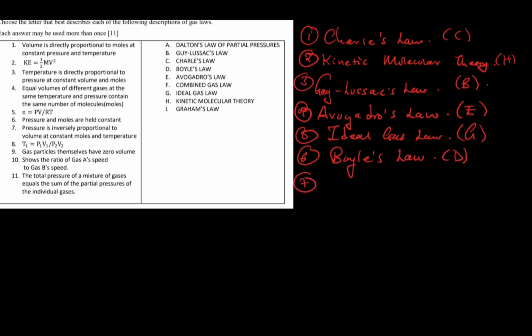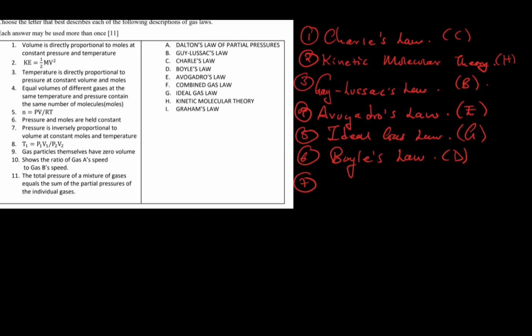On 7, pressure is inversely proportional to volume at constant moles and temperature. So when the pressure is inversely proportional to volume at constant moles and temperature, we're looking at the Boyle's law again, because Boyle's law is the one that states that the volume of a gas will be inversely proportional to the pressure at constant temperature and moles of the gas.